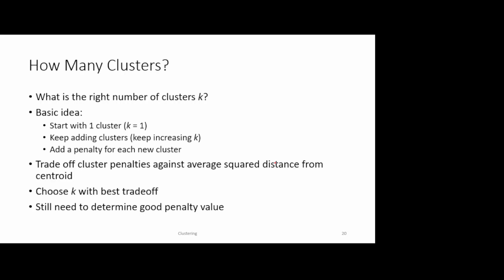Suppose you have 1 million, and you take the square root of the 1 million data points, you get 1,000, right? And then you can use 1,000. It's okay. It's a heuristic configuration for the number of K.